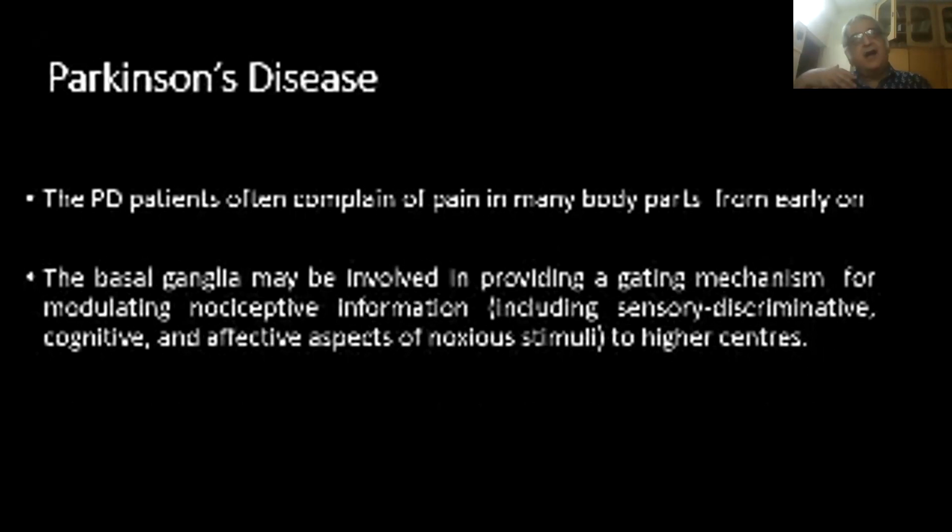Even after you diagnose Parkinson's disease, they will be complaining of pain in their toes, on both sides. And it has been found that basal ganglia may be involved in providing a gating mechanism for modulating nociceptive information, including sensory discriminative, cognitive, and affective aspects of noxious stimulation to higher centers. You see, this pain is very interesting.